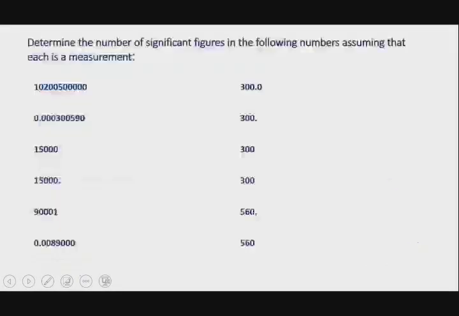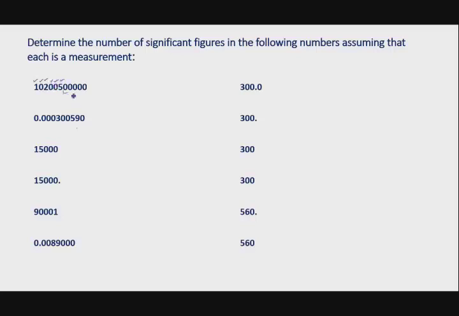Okay, so let's use this table to figure out how many significant figures each of these measurements has. Now please remember, non-zero digits are always significant figures. Leading zeros are never significant figures, but there are no leading zeros here, so we don't need to worry about it. Confined zeros are always significant figures.